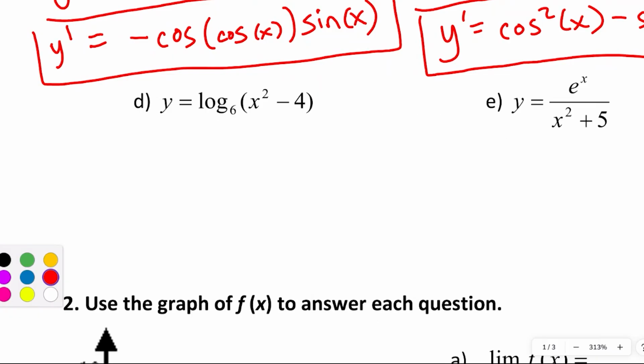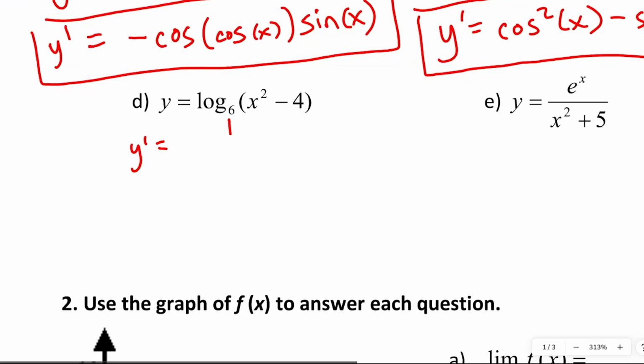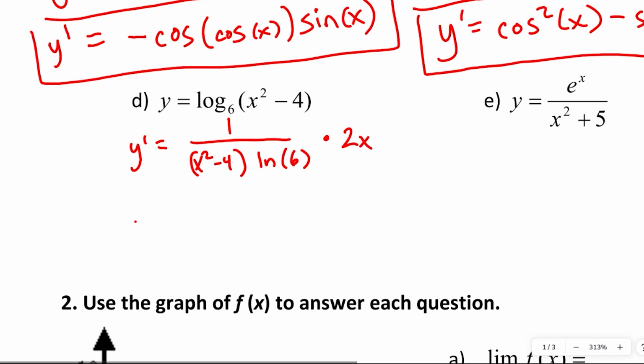All right, now we're starting to bring in our new derivatives. Now that we know how to differentiate a logarithm with a base other than e, we're going to put that into play here. So y prime is going to equal 1 over x squared minus 4 times the natural log of 6, times the derivative of x squared minus 4, which is 2x.